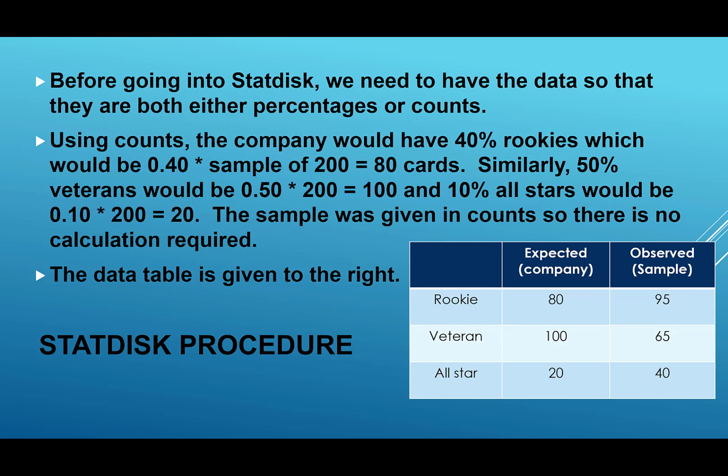So we would do 40% of 200, which is 0.40 times 200, so we would get 80 cards. 50% would be 100 cards, and 10% would be 20 cards. And so what I've done is I have summarized the expected, which is the company distribution, and the observed, which is the sample, in the table to the right, and they are all done in counts. We're counting cards.